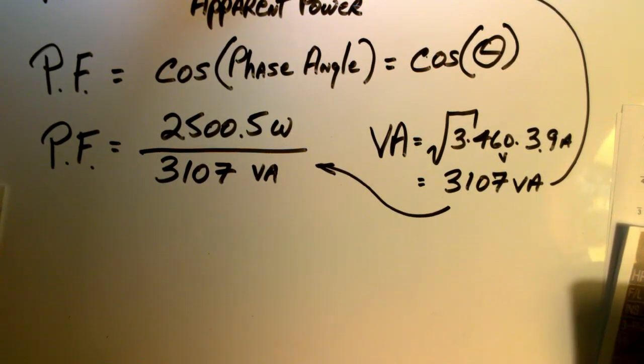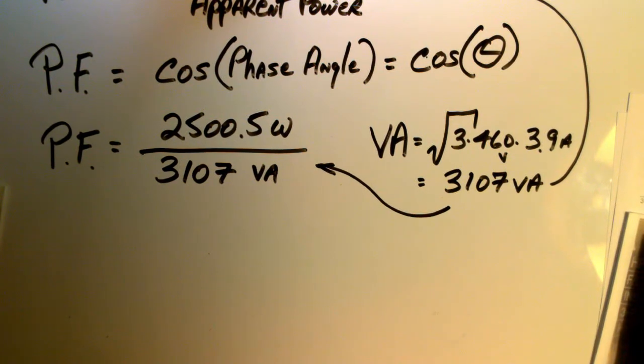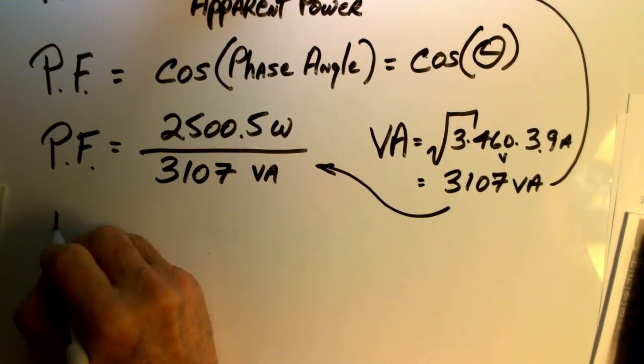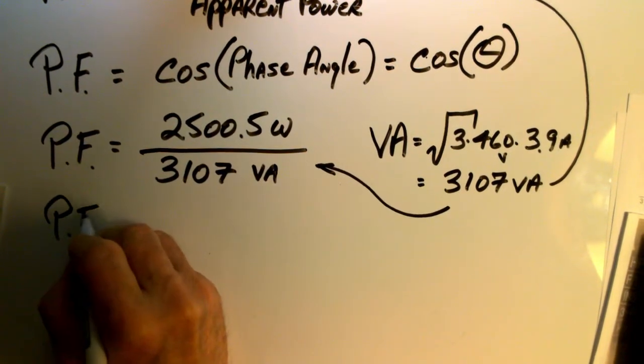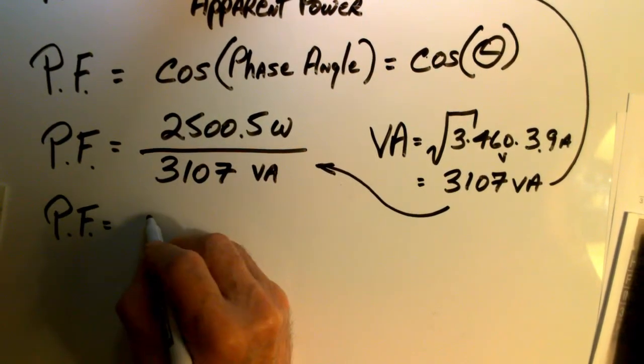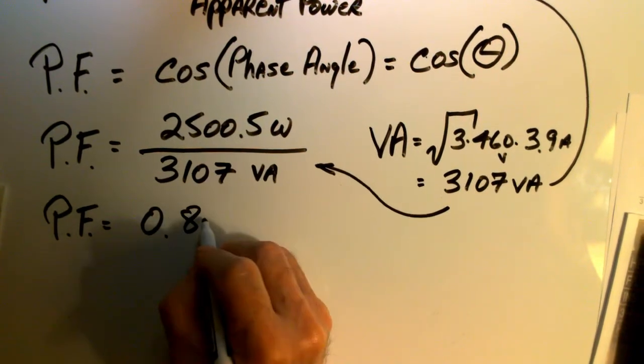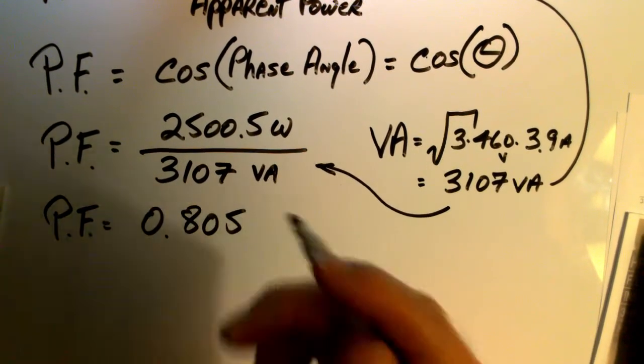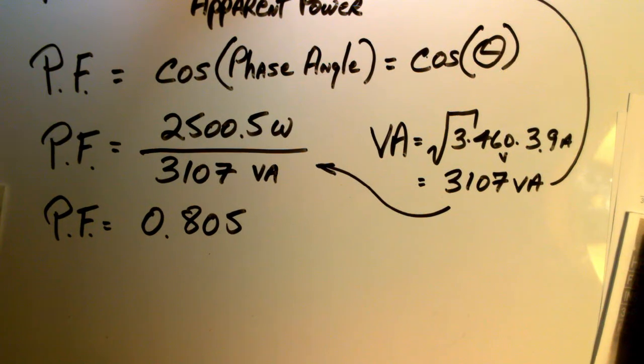And I get 80.5. So my power factor is equal to 0.805. Now we can call that 80.5%, while we're chewing the fat with somebody, but when we get ready to do math, then we have to use power factor as a decimal, and you'll see why here.